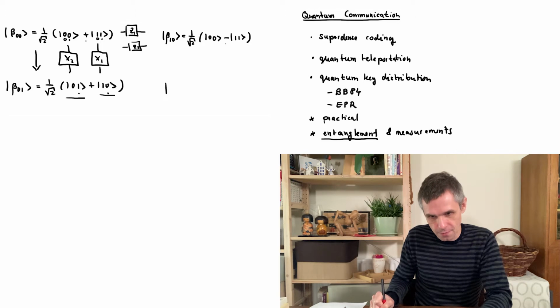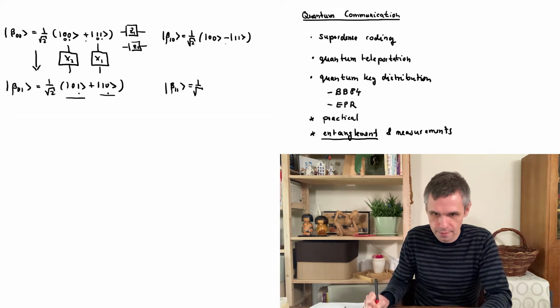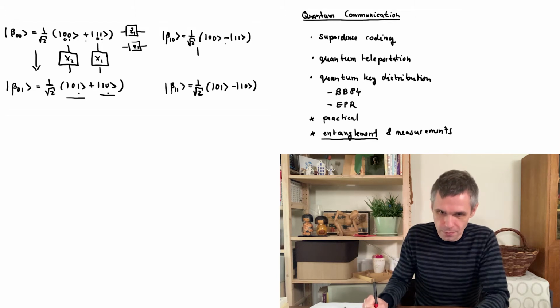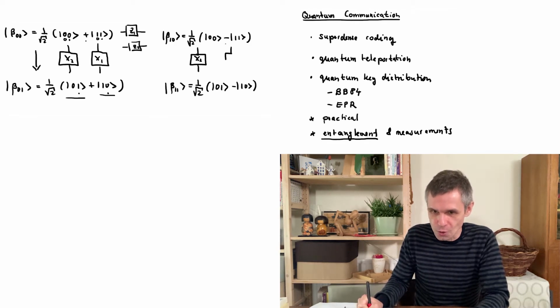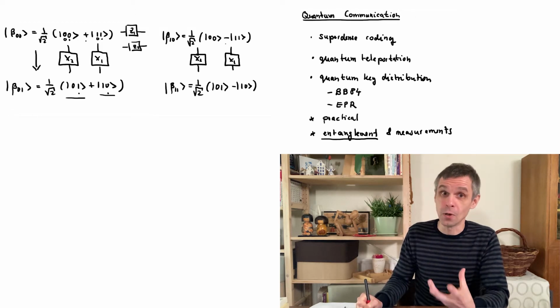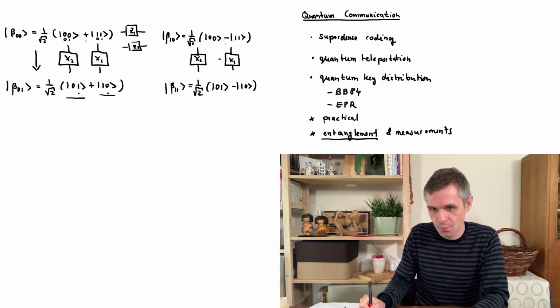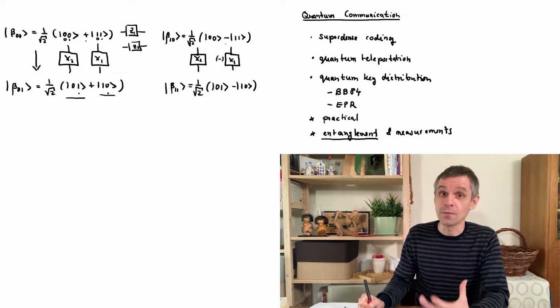And finally, we have this Bell pair, and this we can obtain very straightforwardly by applying a NOT operation, a Pauli X gate, to the second qubit, or indeed also to the first qubit, but then with an overall minus sign. But overall signs in front of a state actually do not matter, so we can actually ignore this.